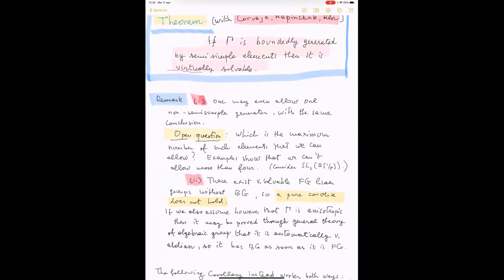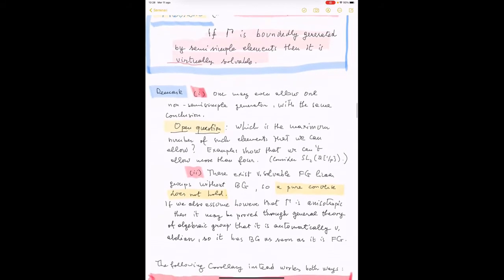And now there is an open question, which is the maximum number of such non-semi-simple elements that we can allow in a bounded generation to draw the same conclusion. The examples show that we can't allow more than 4. So we have proved that we can allow 1, and still we have the same conclusion. We don't know already with 2. So this is an open question if somebody is interested.